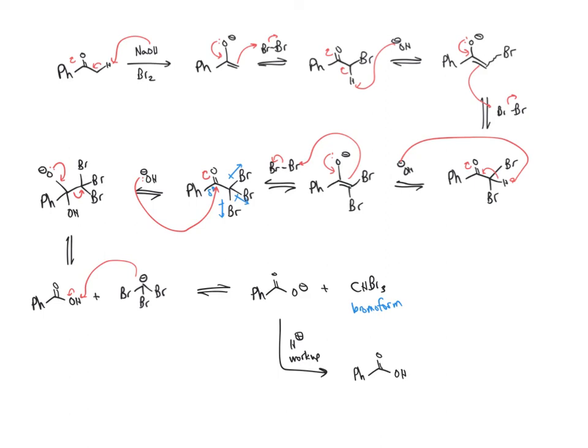All right, and so if you take a ketone and react it with sodium hydroxide in the presence of bromine, and that ketone is a methyl ketone, it's a good way of making carboxylic acids.